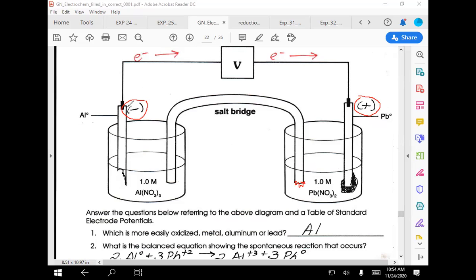You notice what's happening here. See how this one's getting smaller? And then the electrons are going to this one, and this one's getting bigger because the lead ion is plating it and going to lead atom.